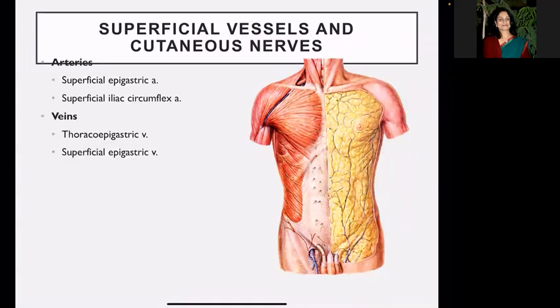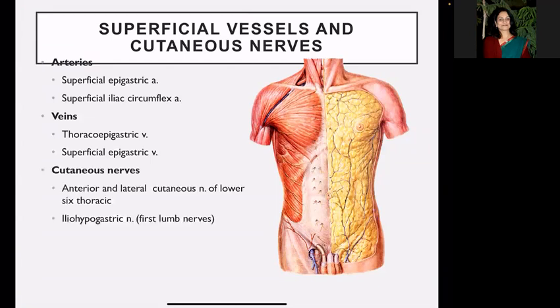That is the thoracoepigastric vein and the superficial epigastric vein, which are draining the region. Thoracoepigastric vein is connecting the veins from the thorax to the abdomen, and the superficial epigastric veins run along with the arteries.